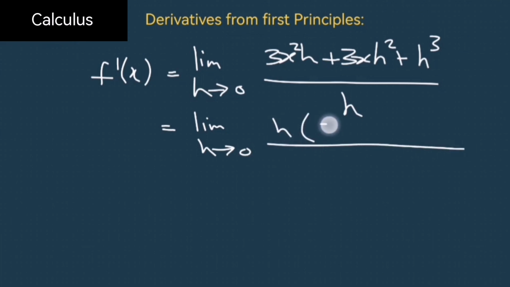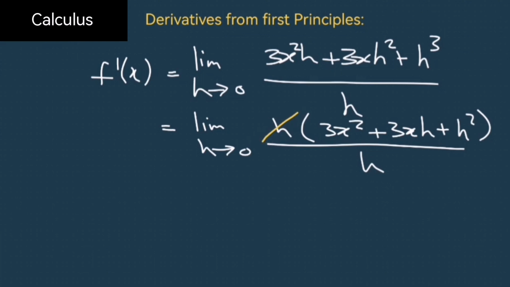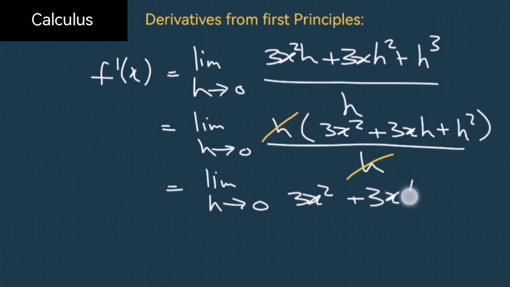That leaves us with 3x squared plus 3xh plus h squared. The h on top will cancel with the h at the bottom, and we are left with 3x squared plus 3xh plus h squared.